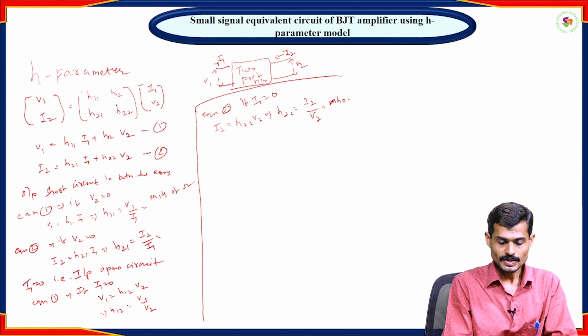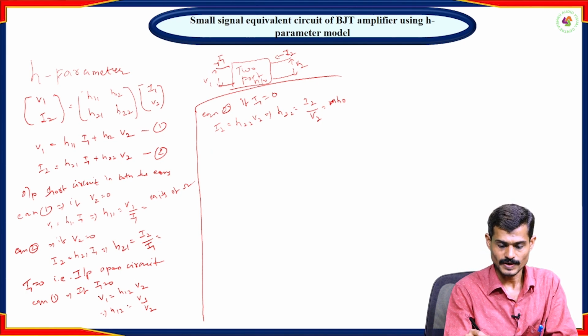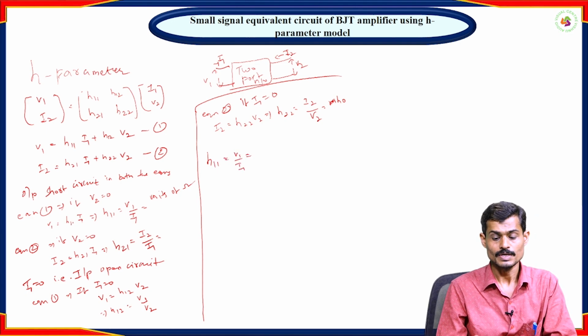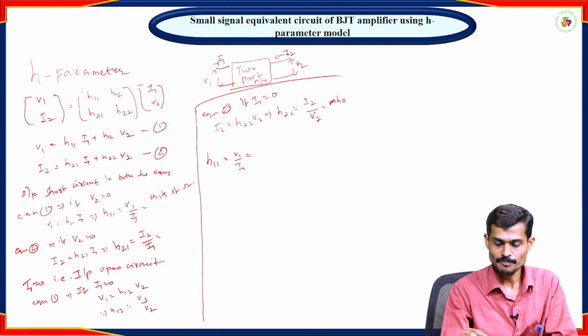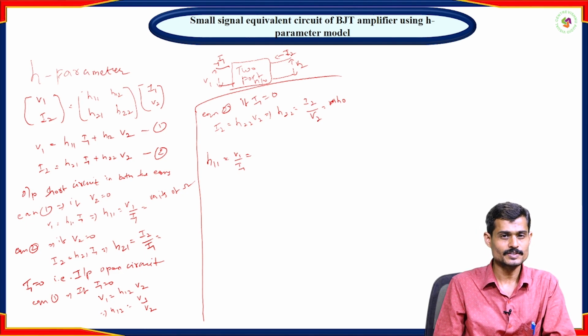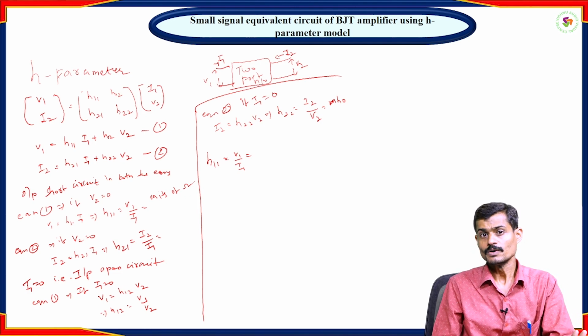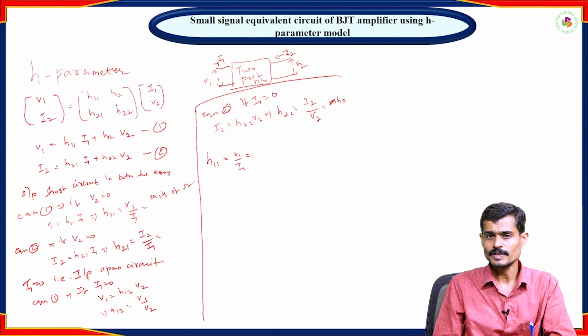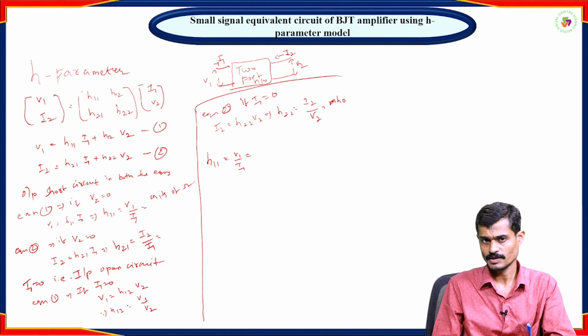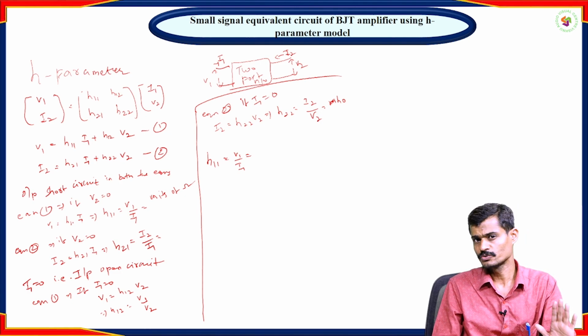So H11 equals V1 by I1 with units of ohms, meaning impedance. For BJT amplifier analysis, we are not representing them as H11, H12, H21 and H22. Previously in your BEEE subject, basics of electrical and electronics engineering, you may have represented them as H11, H12, H22, H21.